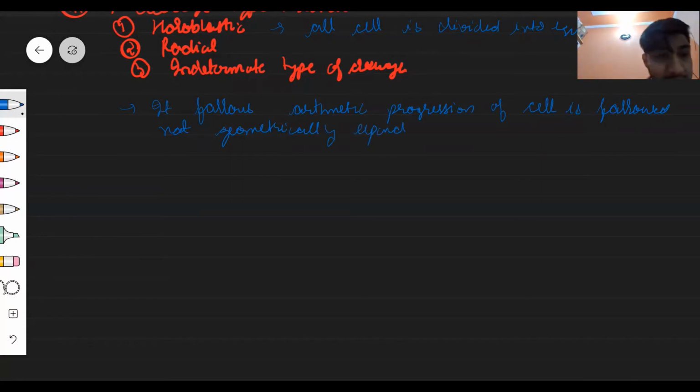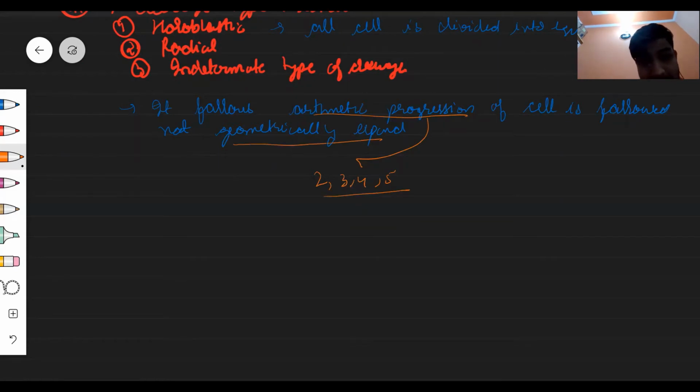What is arithmetic progression? Arithmetic progression is cells increasing in 2, 3, 4, 5 numbers. Geometrical expansion is 2, 4, 8, 16. In this manner, the zygote divides into 2 cell, 3 cell, 4 cell, 5 cell, and so on, not like 2 cells directly to 4, 4 to 8 cells. So the arithmetic progression is followed over here.